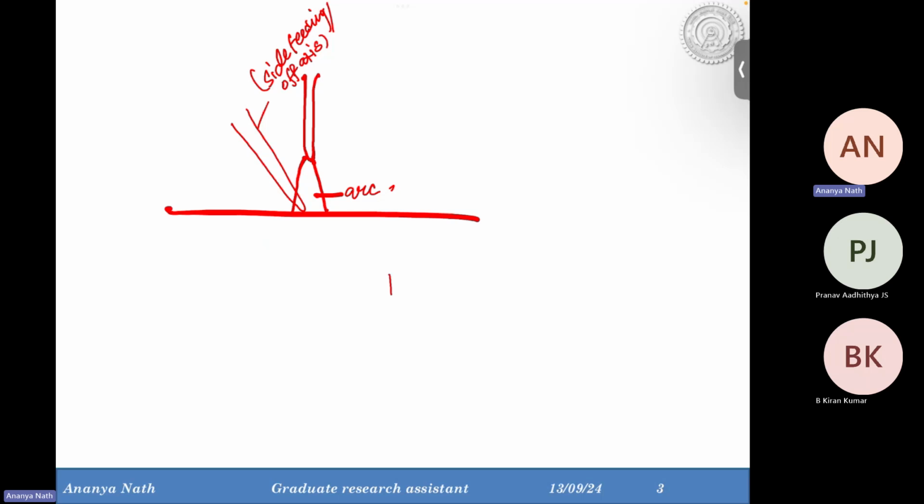Off axis means, if this is the heat source and the wire, then in case of MIG, the electrode which is making the heat source is itself the wire, so it is the coaxial configuration. The axis of the heat source and the axis of the melted wire is the same, that is coaxial, but here the axis of the heat source and the axis of the melted wire is different.